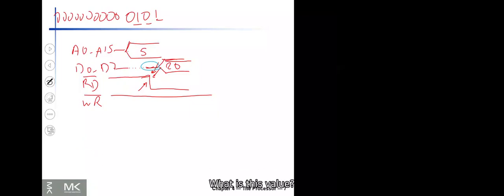And what is this value? How many nanoseconds should we wait? It's written in the data sheet. You go to the memory data sheet, it says that, for example, read access time is 5 nanoseconds. So it means that after read gets low, you have to wait 5 nanoseconds and then get the value out of the data bus. So this is the read operation.